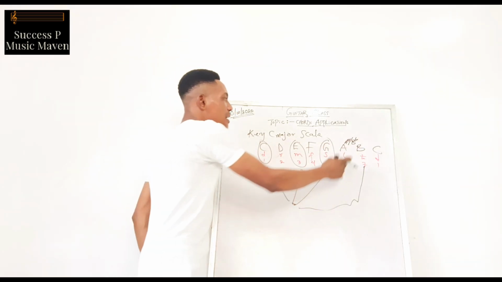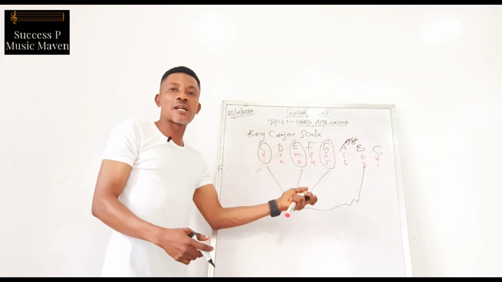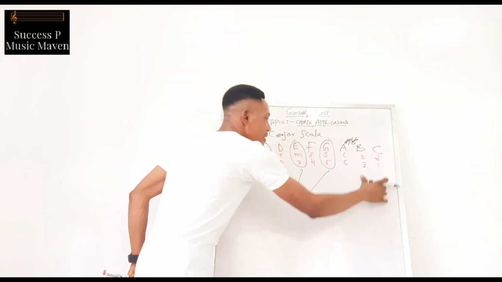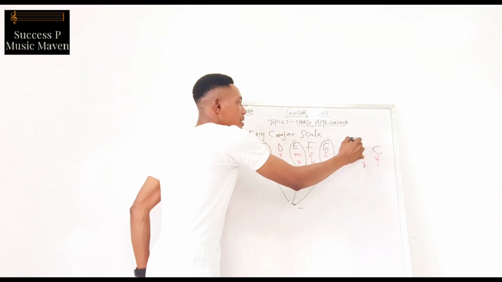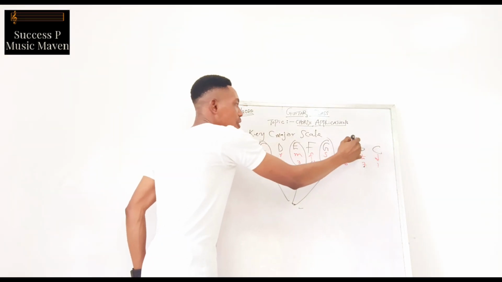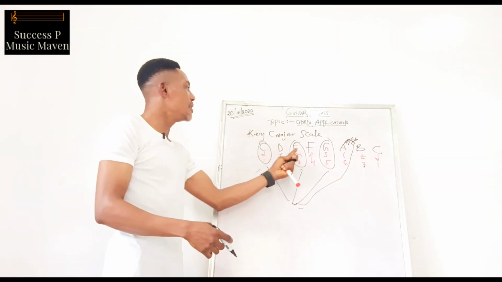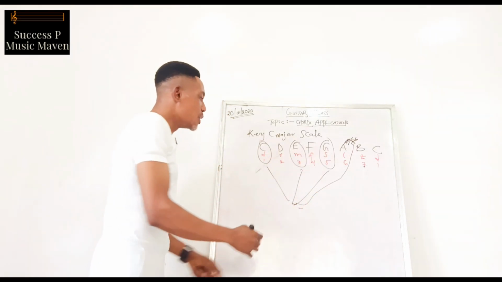So instead of picking the 7th degree, because I made mention of the flattened 7, I don't need the 7th degree. I will pick the flattened 7, the note between 6 and 7, which is this. Then I'm adding it to the C, E, G to give me what?